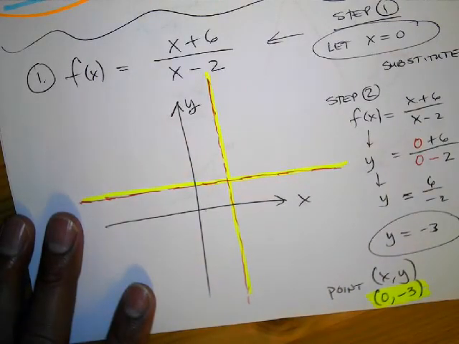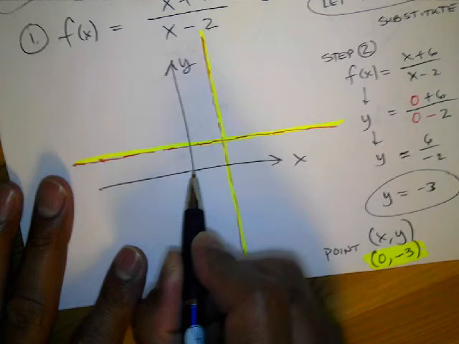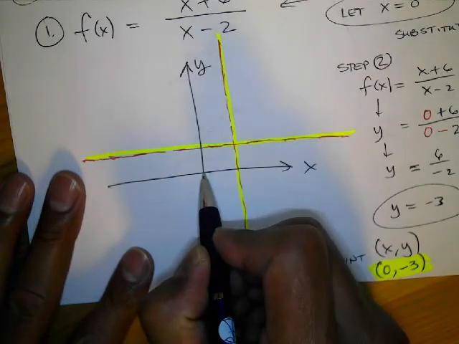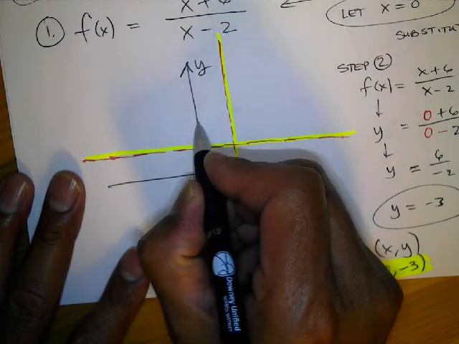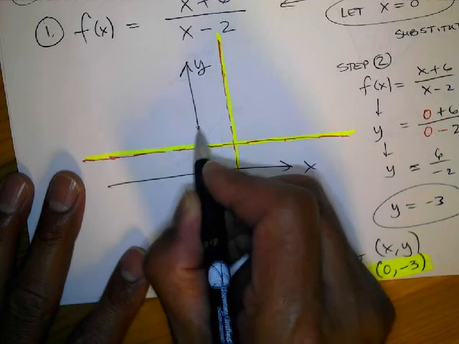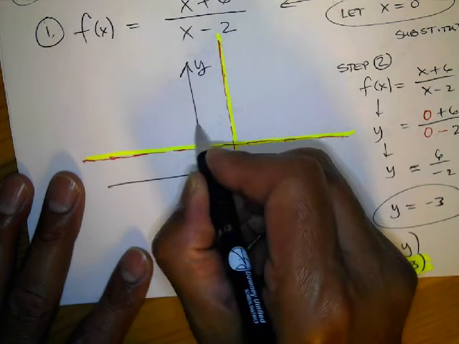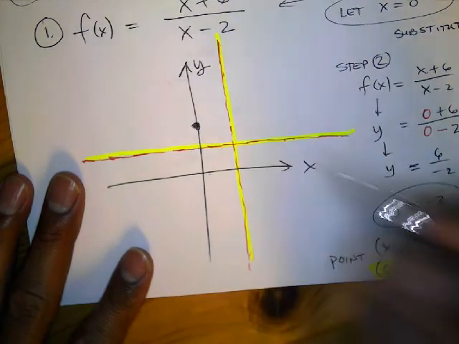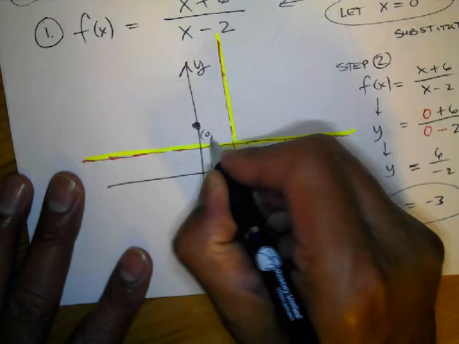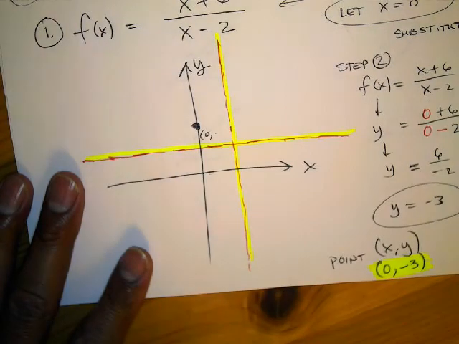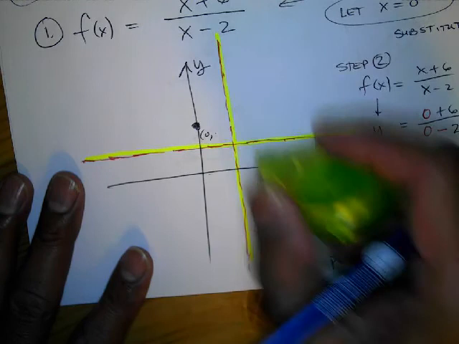So let's plot where 0, negative 3 is. Start with 0 on the x. That means I go nowhere on the x, and I go up 3. 1, 2, 3. Oh, what am I doing?